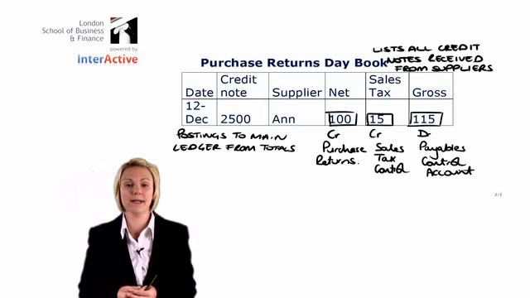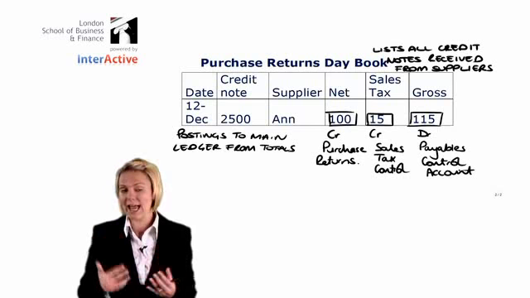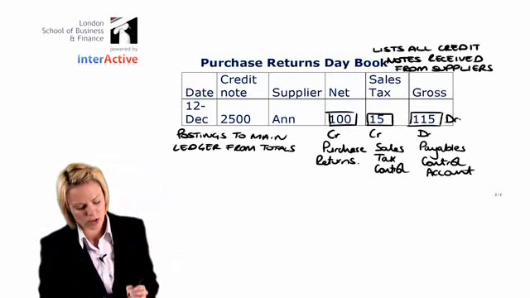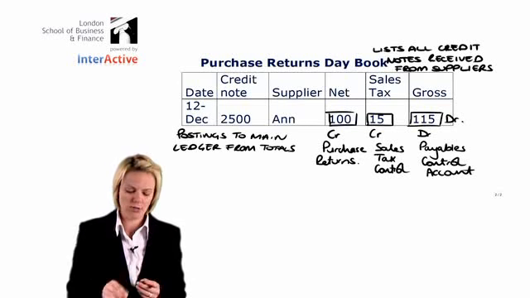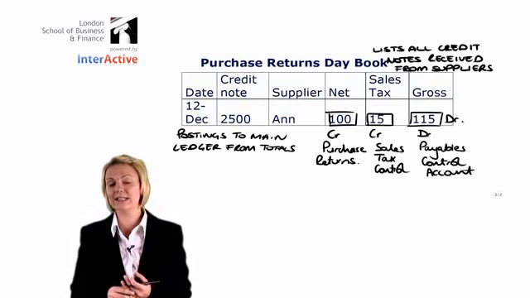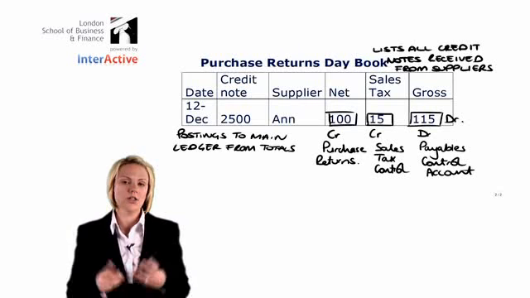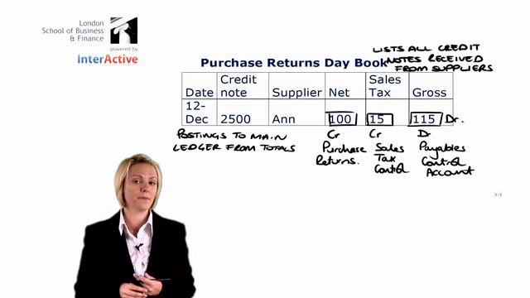And we're reducing our liability. Now, what we must also do is anything that goes into the control account must also go to the subsidiary payables ledger. So we're going to have to debit supplier Anne's account to reduce the amount that we owe to supplier Anne. So again, it keeps control over who we owe money to.